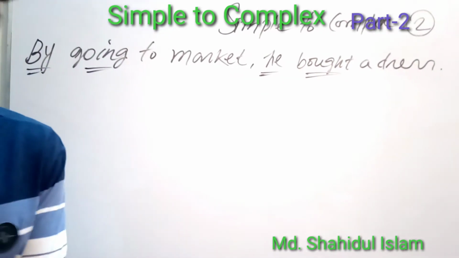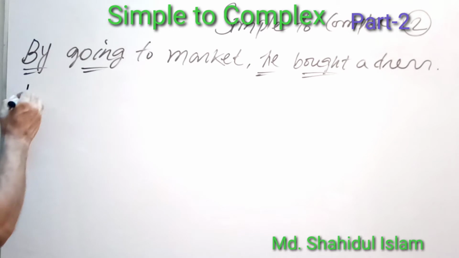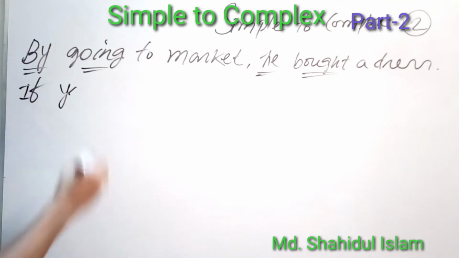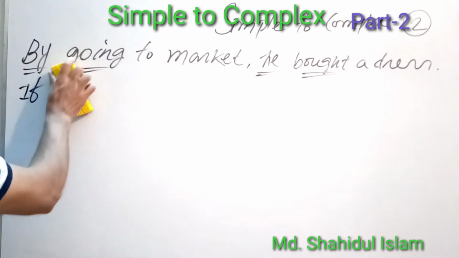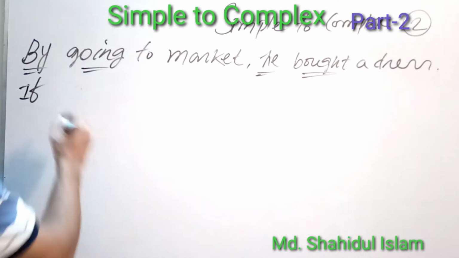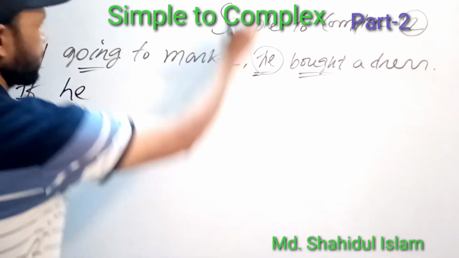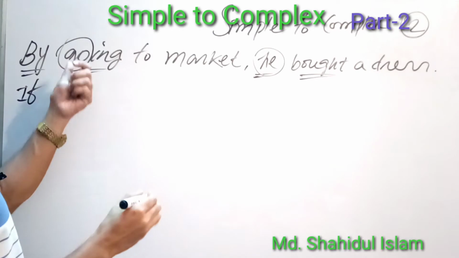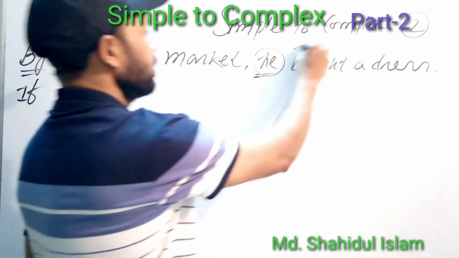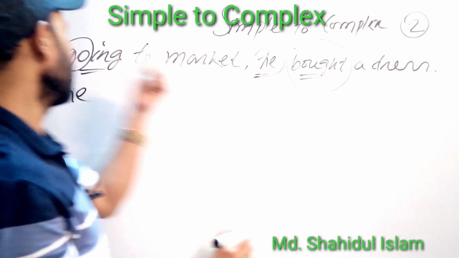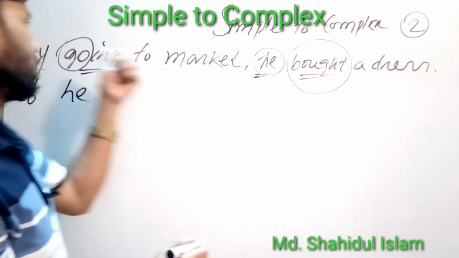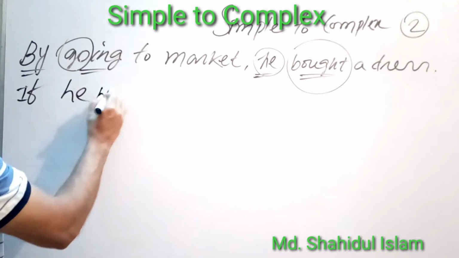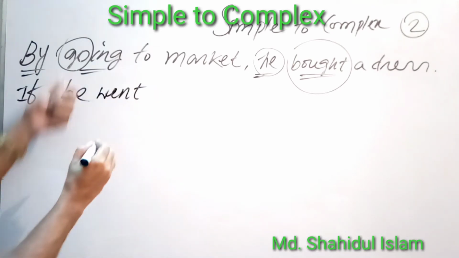First of all, you have to bring if in place of by. Then you have to bring subject. Here is subject. Then you have to bring verb. Here lies a verb. If it will be past or present, it depends on this verb. If it is past tense, it will be past. If it is present tense, it will be present tense. If it is past tense, so we can use went, past tense of go.